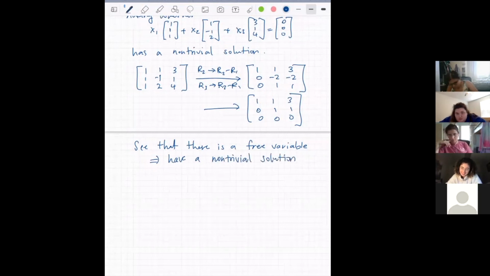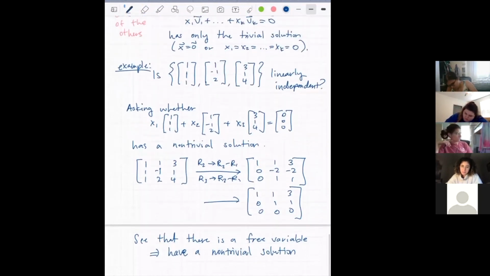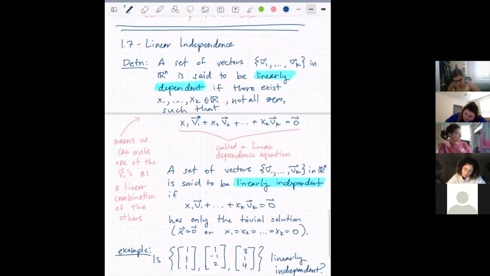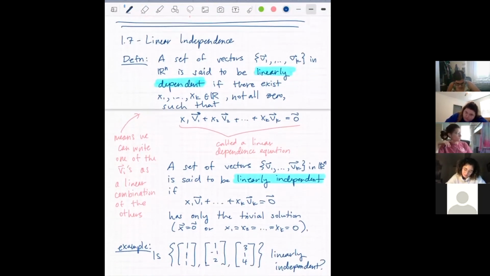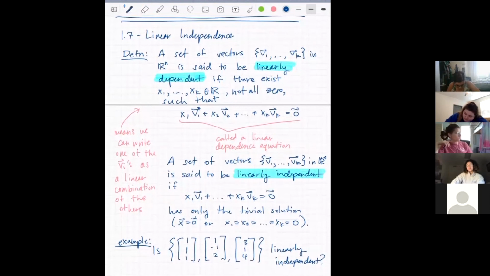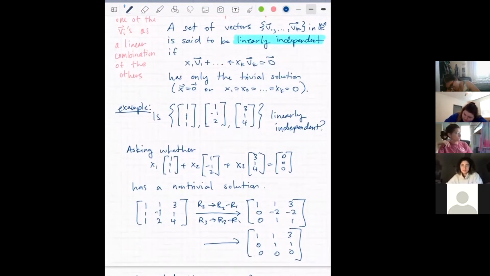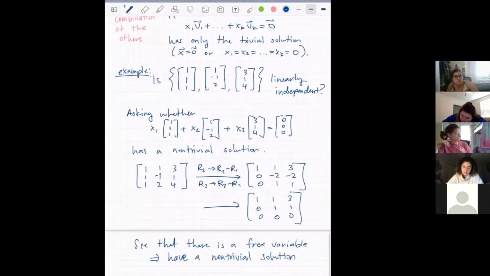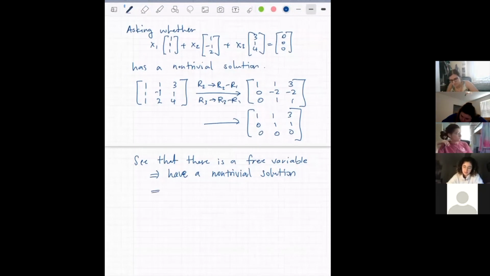Right? So does that mean that these vectors are linearly dependent? Yes, exactly. So non-trivial solution means that we have linear dependence. If we have only the trivial solution, then we have linear independence. So the vectors are linearly dependent.